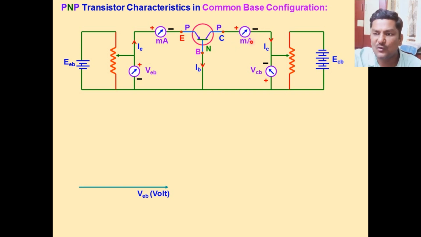The output voltage VCB can be measured using the second voltmeter. This is a variable resistance, so we can change the value of VCB. This is the PNP transistor in common base configuration mode.